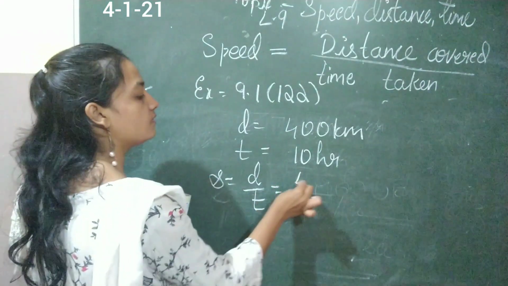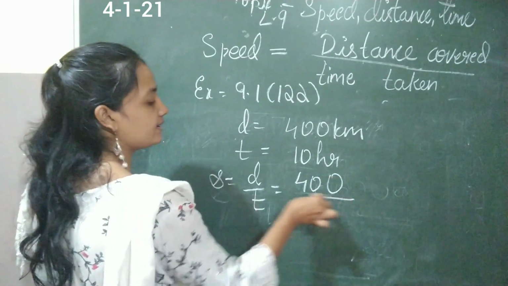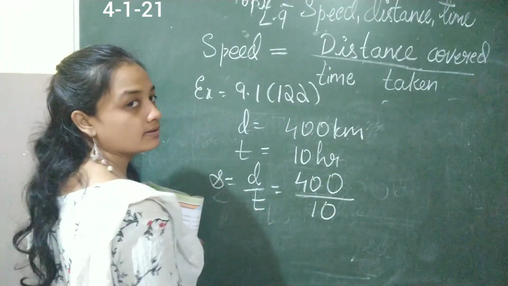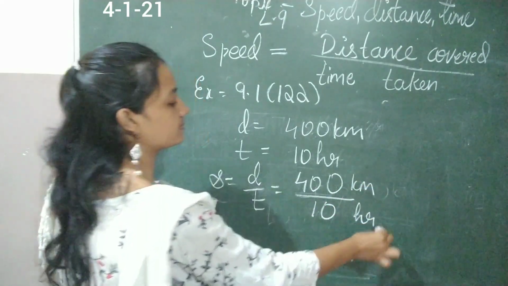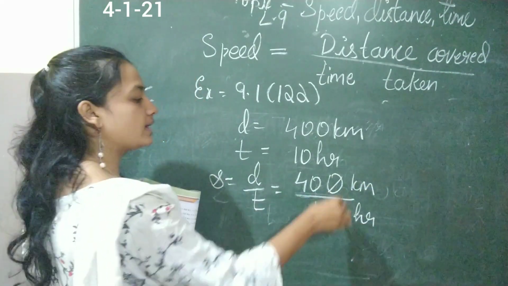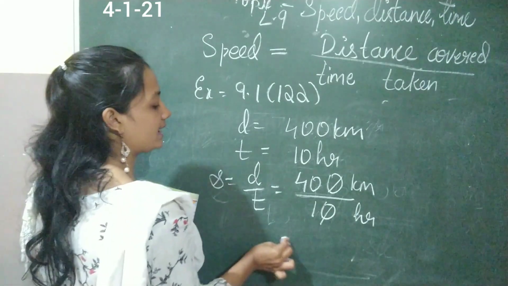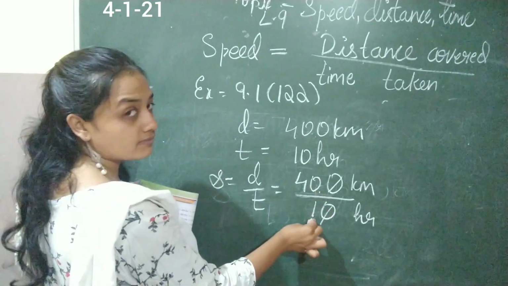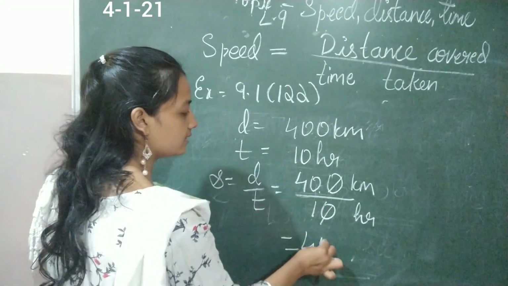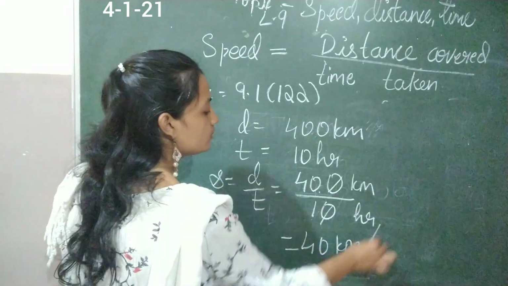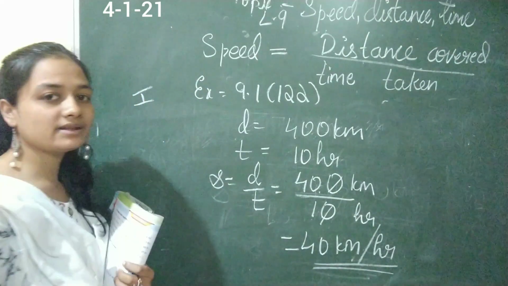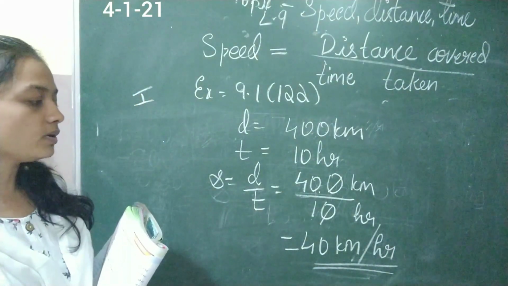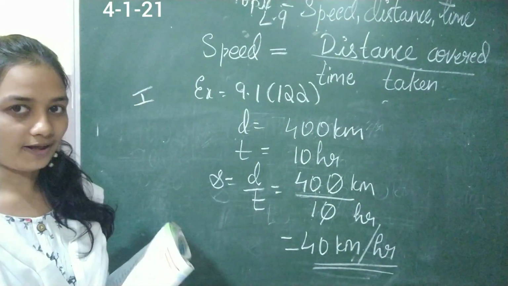It will be 400 divided by 10. And don't forget the unit, it is kilometers per hour. 0 gets cancelled here. So my answer would be 40 by 1 is nothing but 40. Unit is kilometer per hour. So the bus travels at a speed of 40 kilometers per hour.